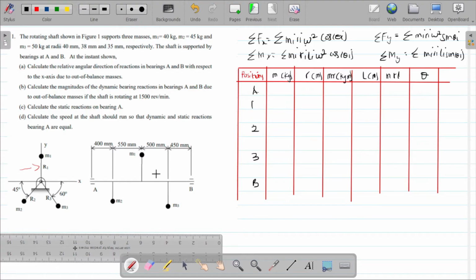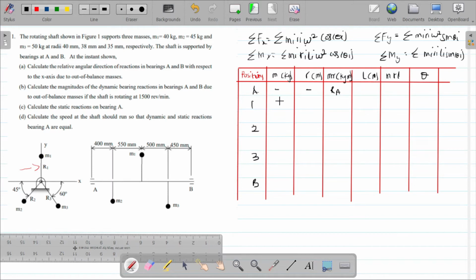Since they are forces, we can find the equivalent mass times radius of rotation, because the angular velocity squared we said we can factorize out. So we don't know the mass at A, we don't know the radius at A, but the equivalent mass times radius at A, you make it RA. And we talk about this later.